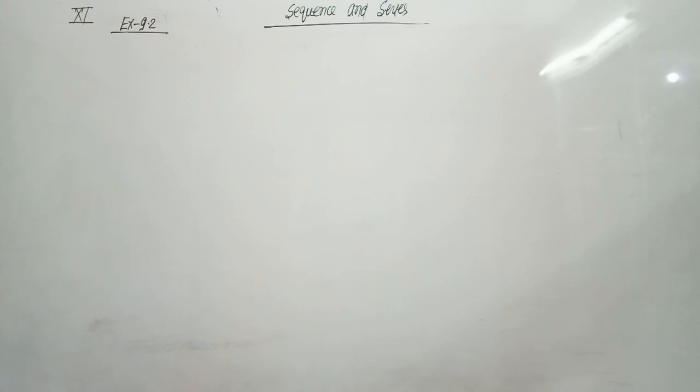Now the next question, question number 11. The sum of first p, q and r terms of an AP are a, b, c respectively.